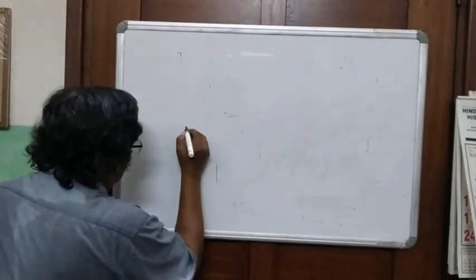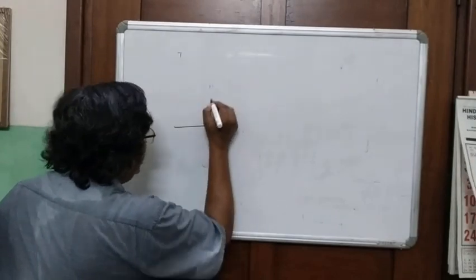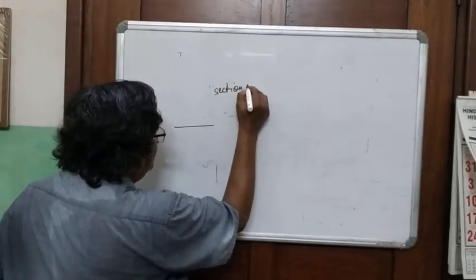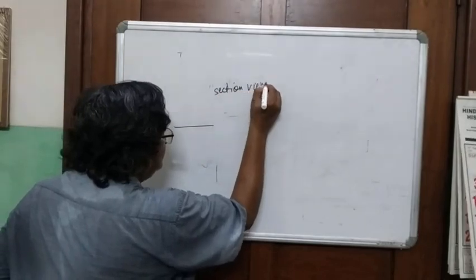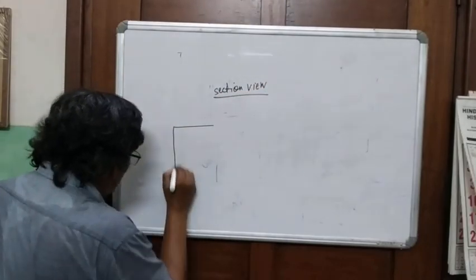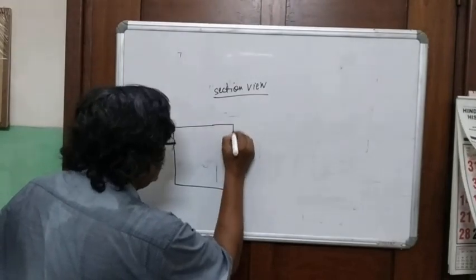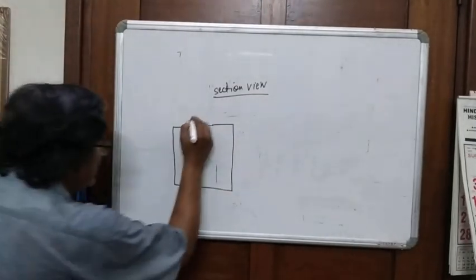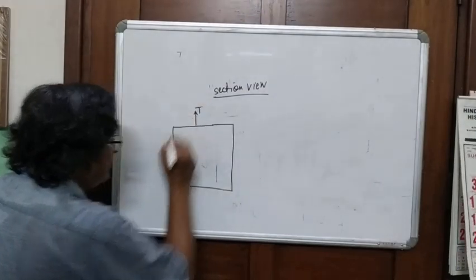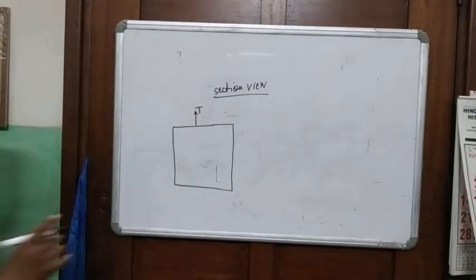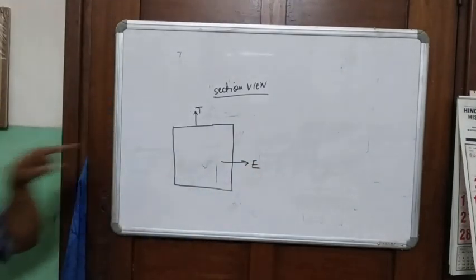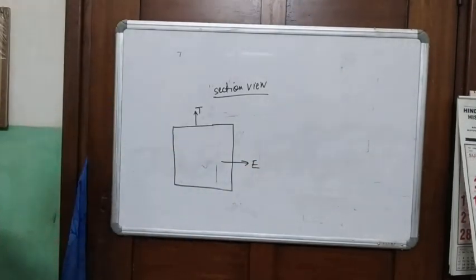Let's say I am drawing a section view. Right. And I take and write this. Now you'll ask me, where is the top? Okay, here's the top. Where is the north? I say, I don't know the north. This is east. That means you are looking north.